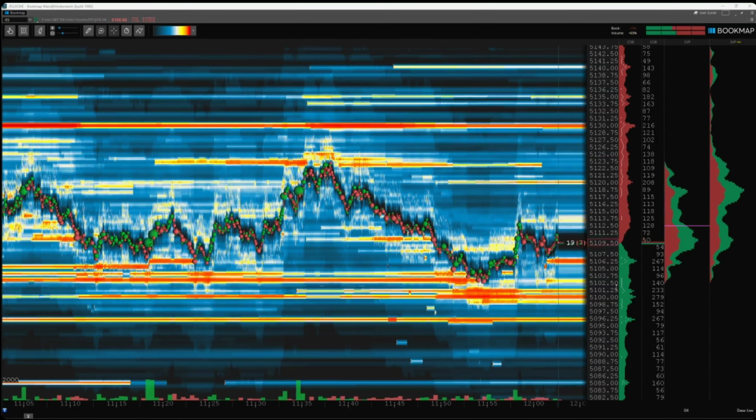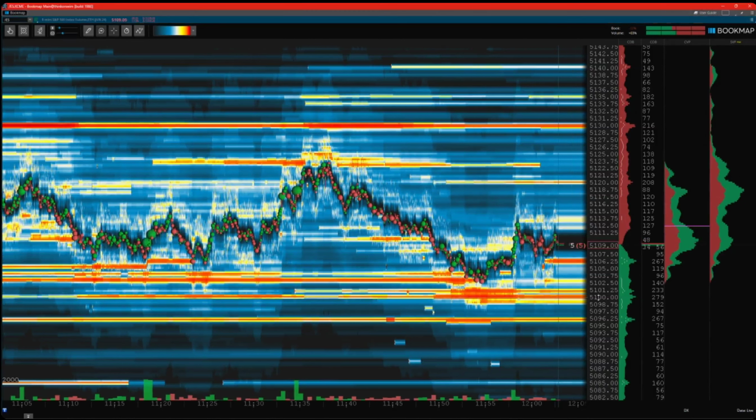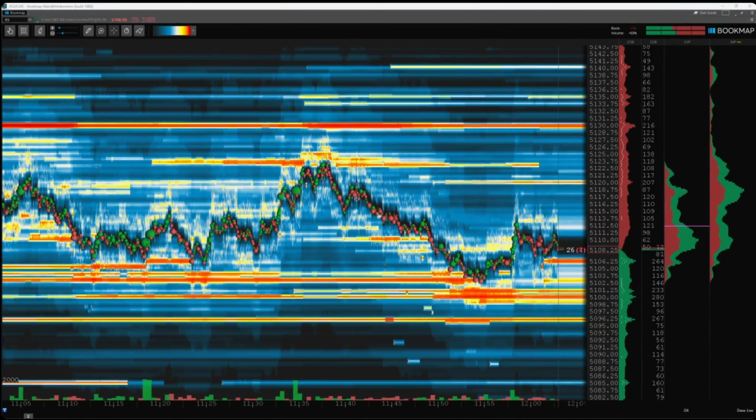And when they gamma squeeze, it's going to be when we squeeze on through these areas, magneting to our gamma level, which in this case would be 50-50, which is $15 away from where we're at, which is not that far away.